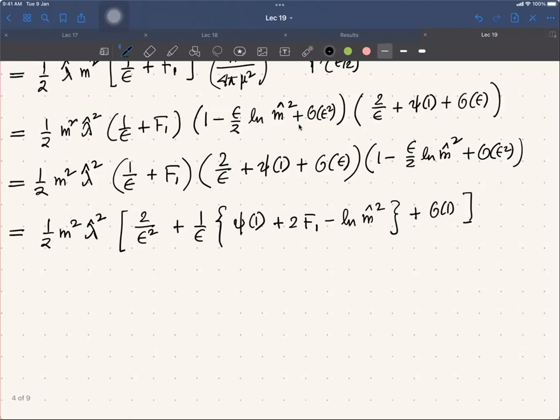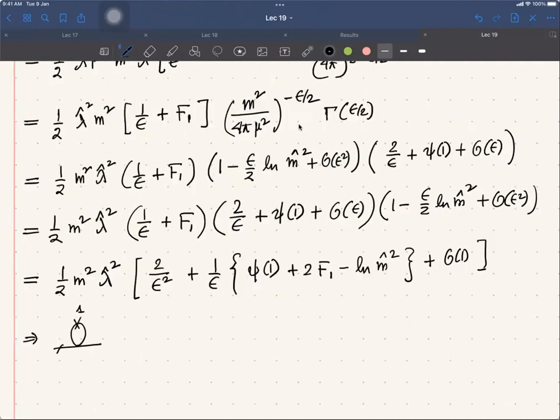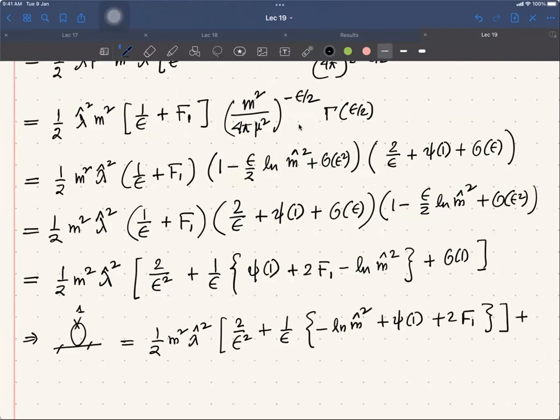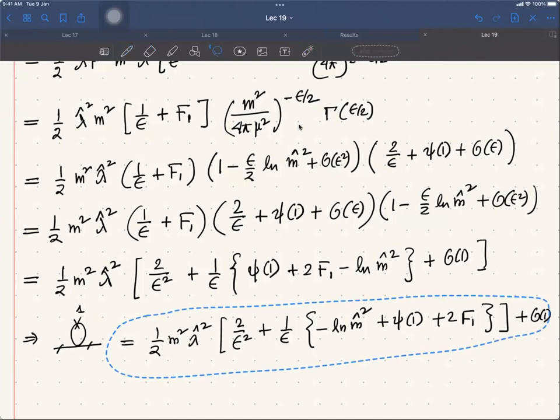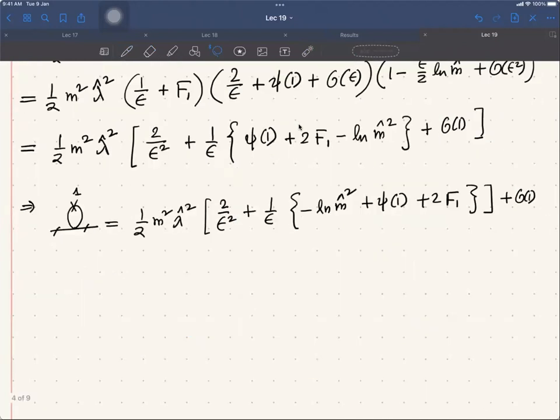So the result is that... Next, we shall calculate the other diagram, this one.